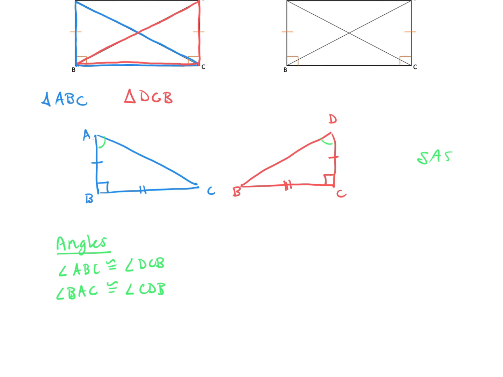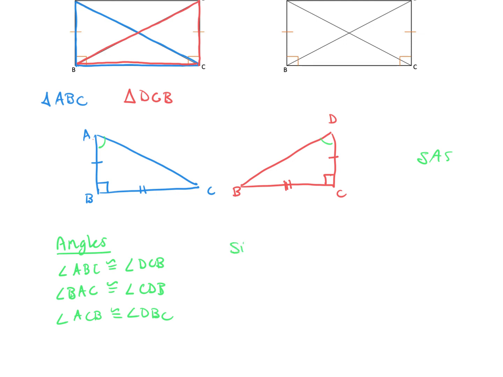Those angles are congruent because they are corresponding parts. And then our last angle is here at C. I'm going to say angle ACB, vertex is C, is congruent to its corresponding part over here, angle DBC. Okay, there are our congruent angles.